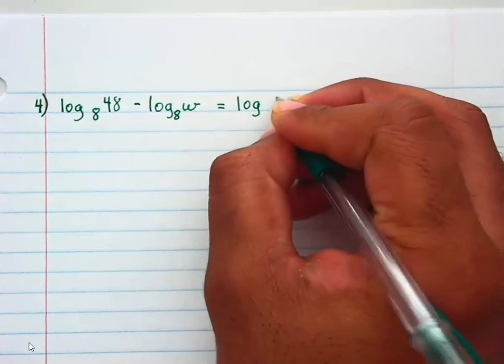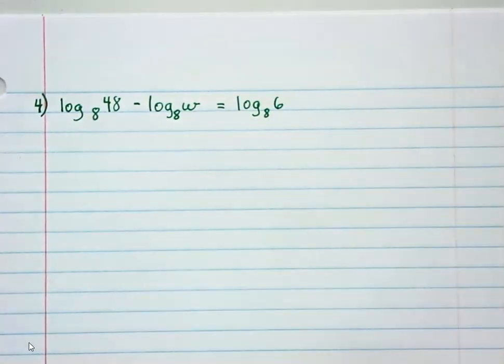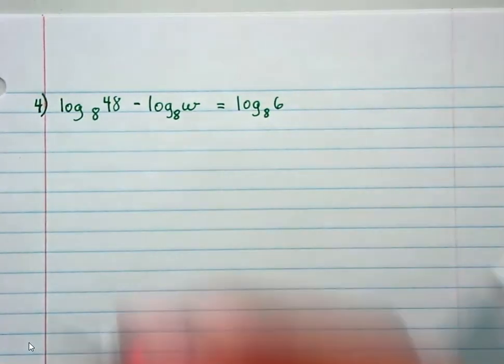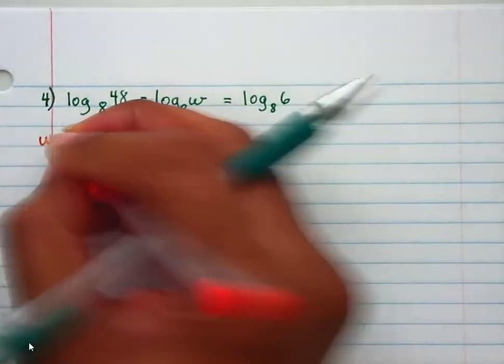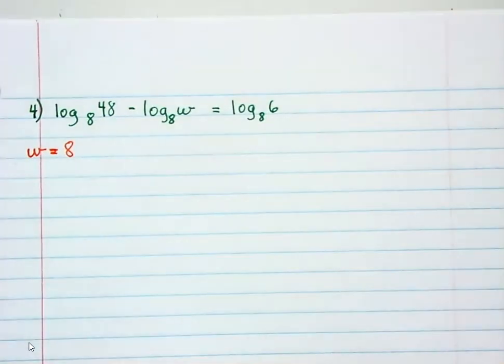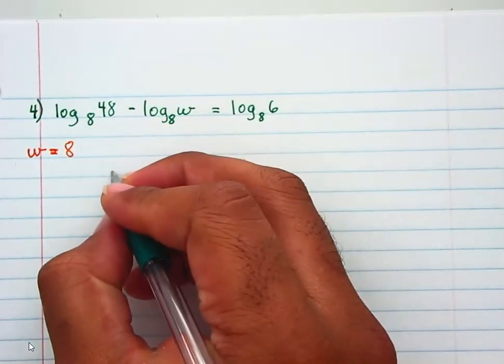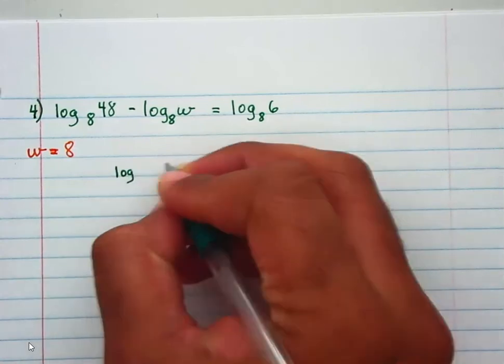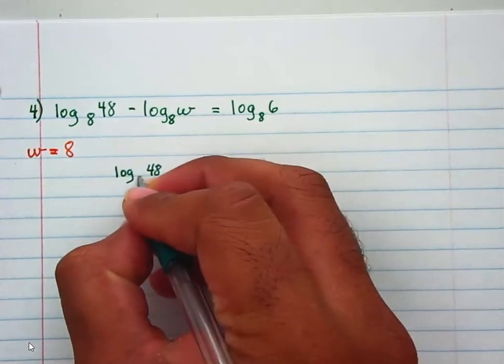Again, this is the original equation. Always go back to the original. And we're going to use W equaling 8. If we can get this to work out perfectly, then we're good. I'm going to again show you 2 ways of doing this.